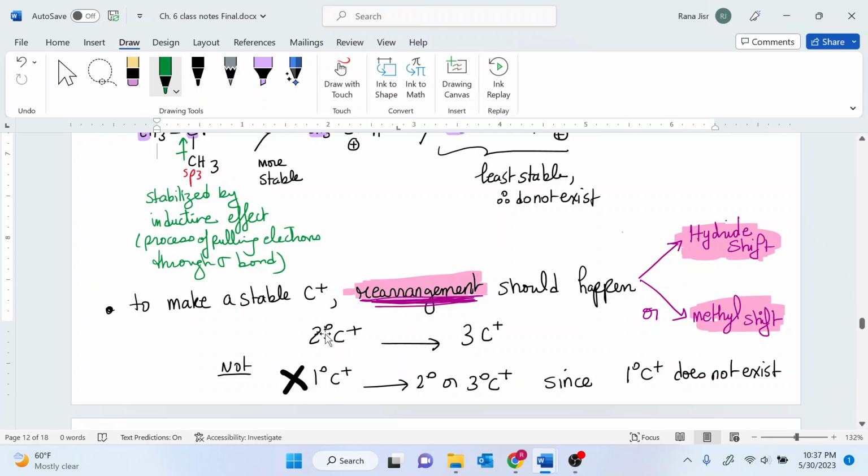So the rearrangement only happens in case you have a secondary carbocation and you want to form a more stable carbocation, which is a tertiary. If you're doing the reaction and you get a tertiary carbocation, then you don't need any rearrangement because the tertiary carbocation is a very stable carbocation.